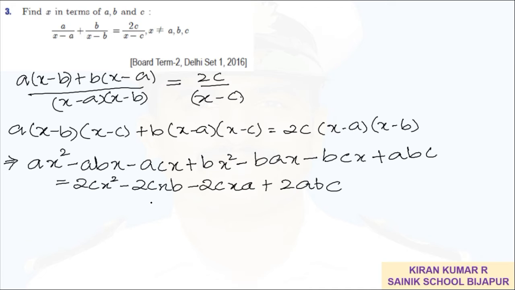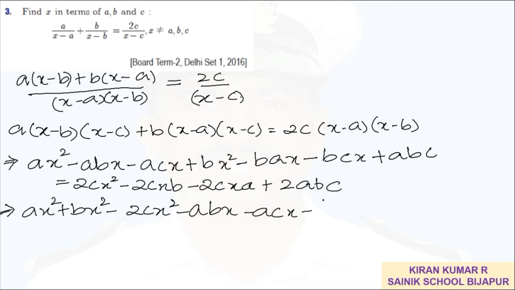Let me take all the terms to one side. I will be getting ax square plus bx square minus 2cx square, then minus abx minus acx minus bax minus bcx plus 2cbx plus 2 times acx.